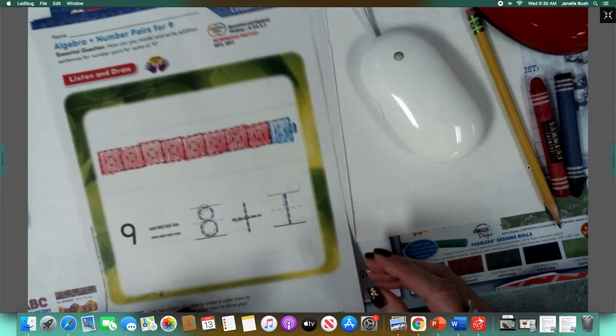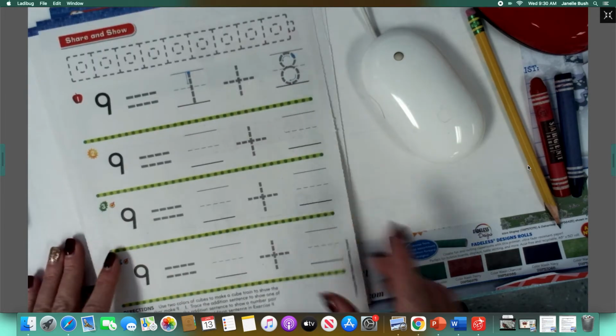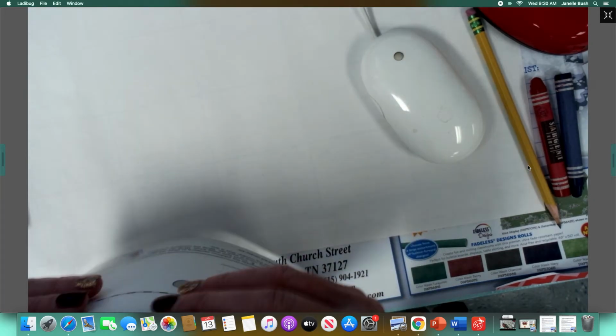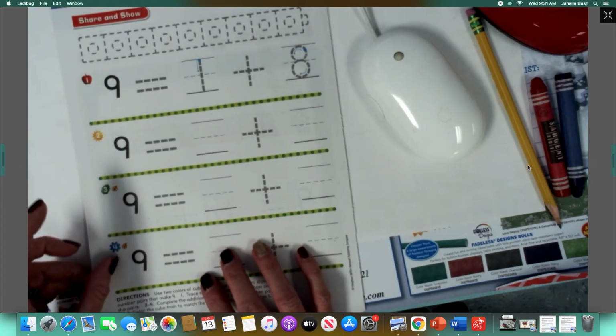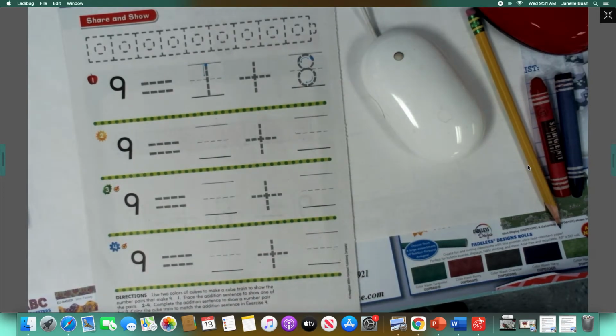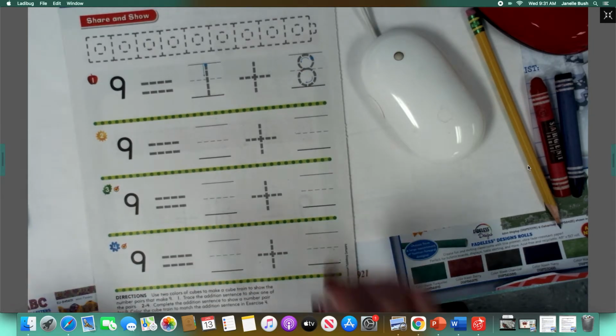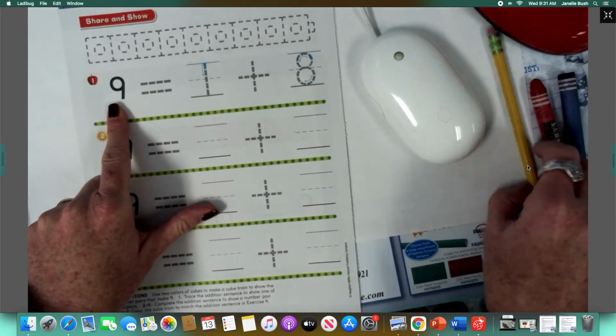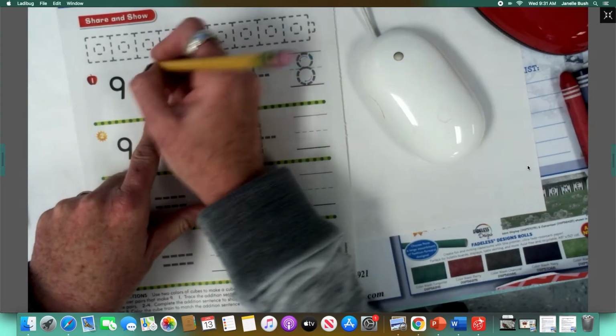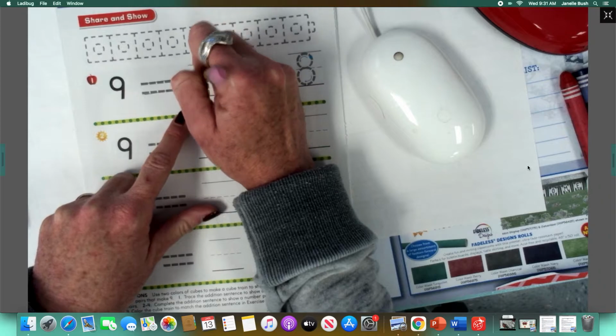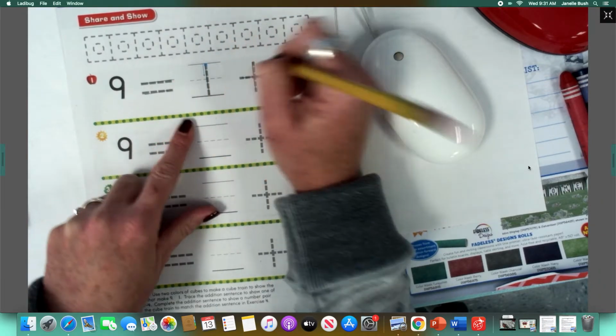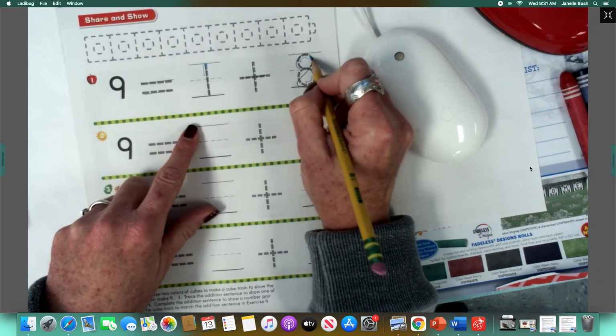All right, flip your page over to the other side. On the other side, it says use 2 colors of cubes to make a cube train to show number pairs that make 9. Okay, so the first one says 9 equals 1 plus 8.